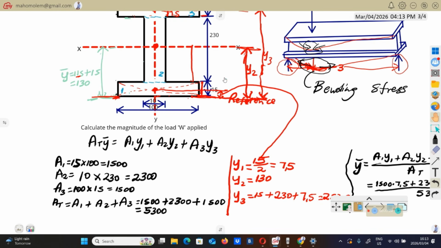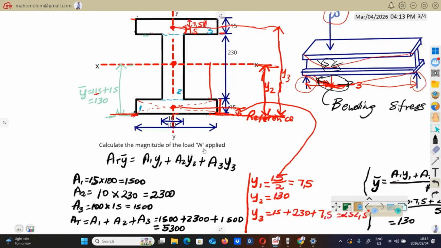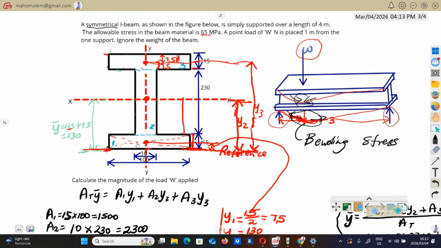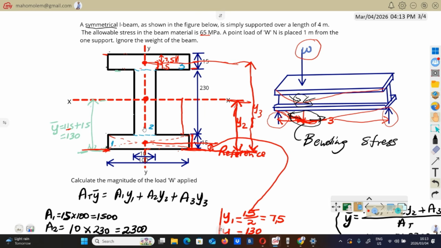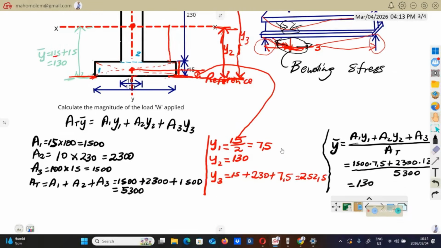Now for now, I'm focusing on this xx. I will come back to this YY line. For now, I'm only interested in this distance, the vertical distance from here to there.